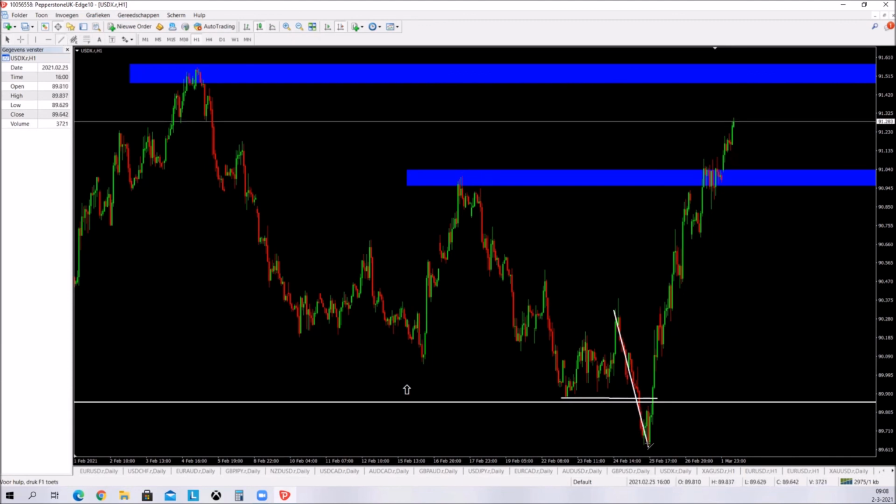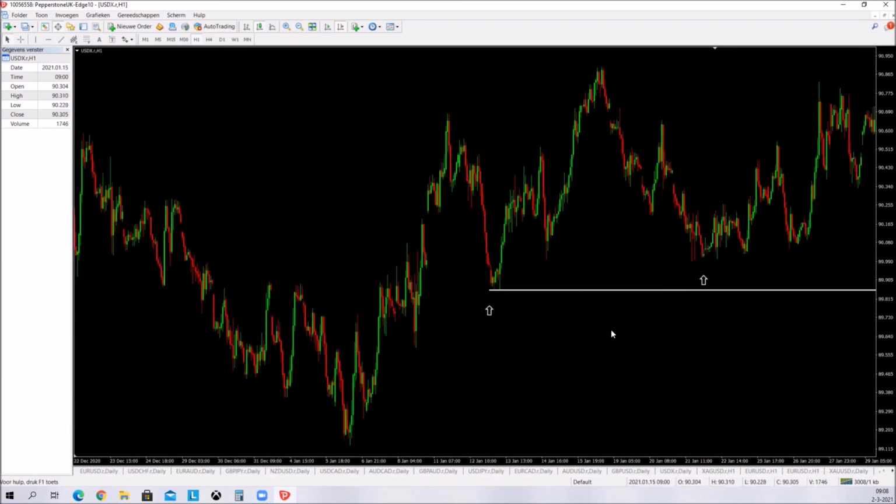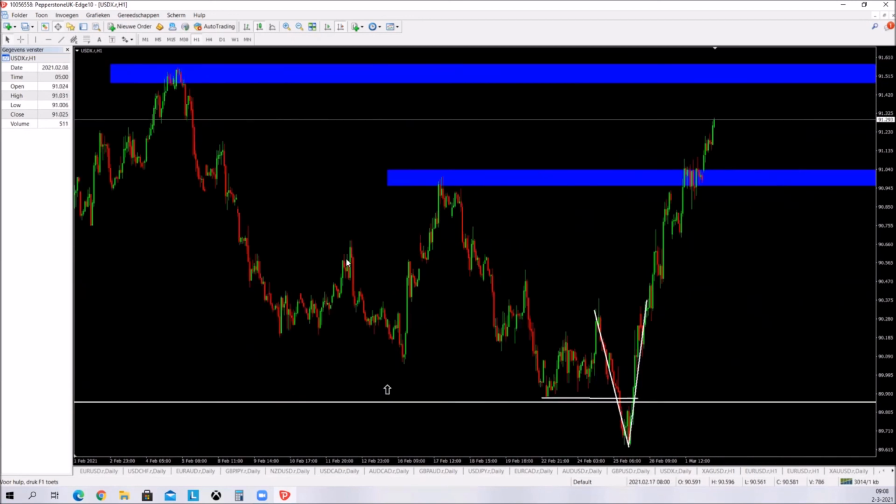Strong move below the range, and then strong move above, which is the spring, also in confluence with all these daily lows. So to me, perfect setup, and that's why I had this bullish bias on the dollar, and that's why I took the dollar swishy, or well, at least I didn't take it because I couldn't get a fill and it was on the lower time frames, but that's why my bias was also long on that pair.